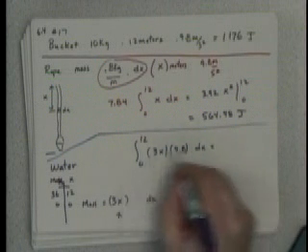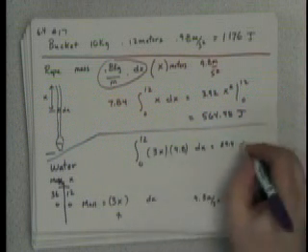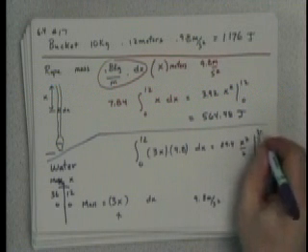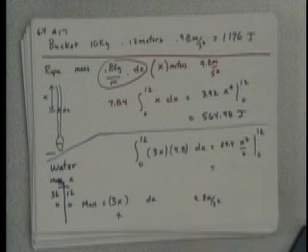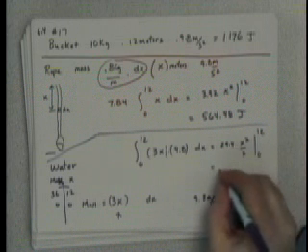So 9.8 times 3 is 29.4, and I get x squared over 2, and evaluate from 0 to 12. It's 2,100.